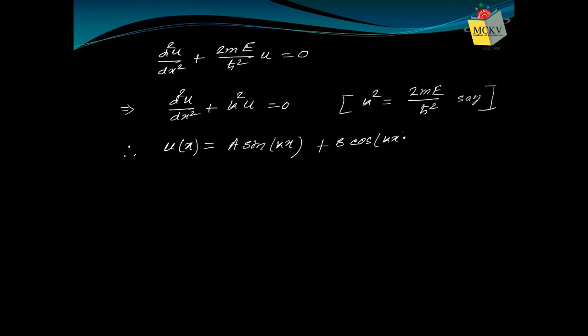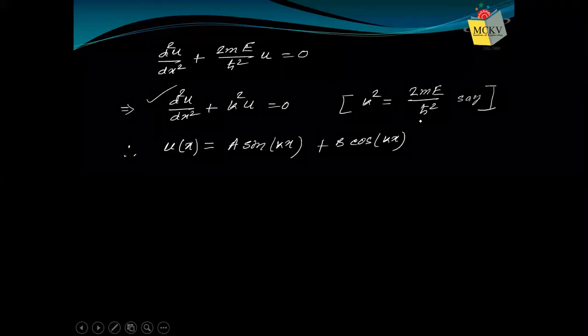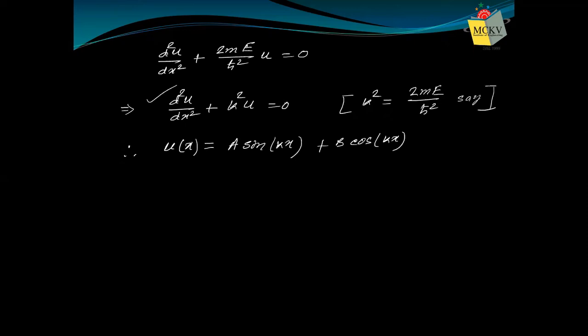Mathematics tells us that if we have a second order differential equation of this form, then its solution is a sum of sine and cos, where a and b are two constants and k squared is 2mE by h cut squared. x is of course the variable here. So this is our u.